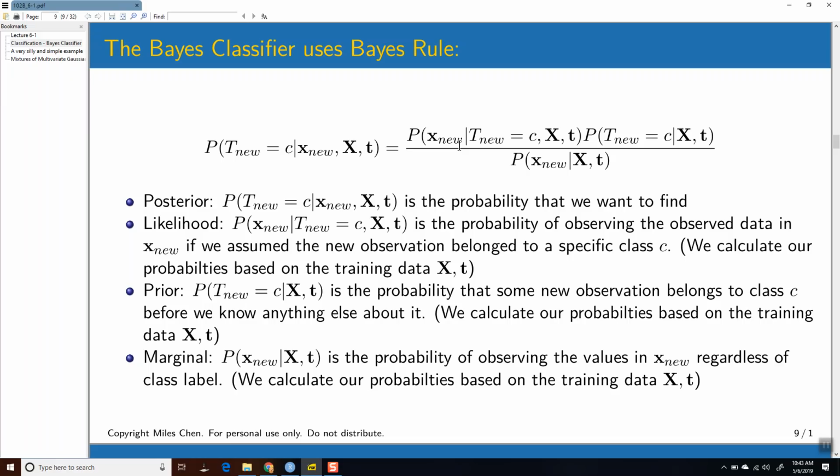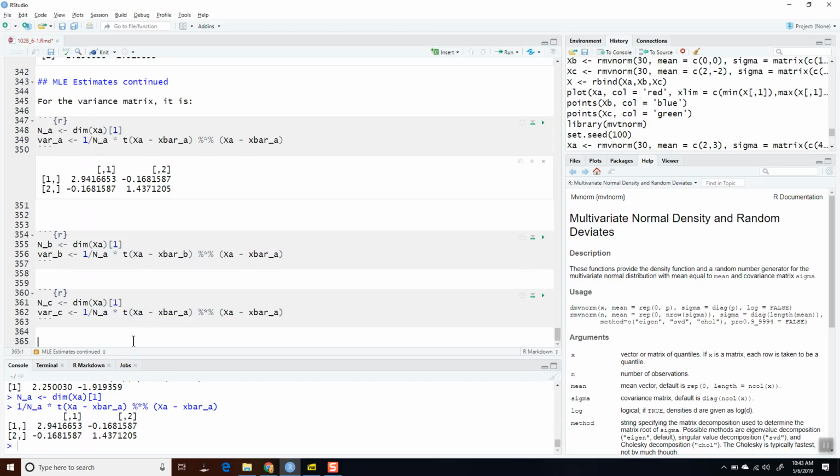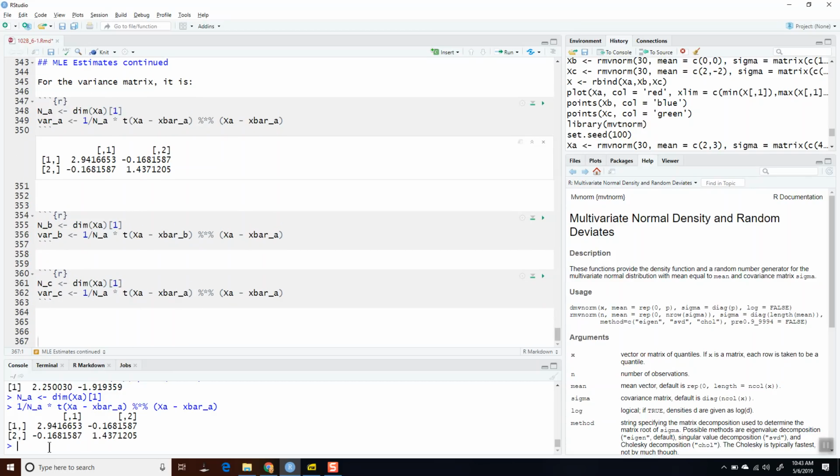That's the multivariate normal density, which is a little bit messy, but thankfully you can just use the density function. For univariate you would use dnorm, and for multivariate you use dmvnorm, and then you give it the coordinate.